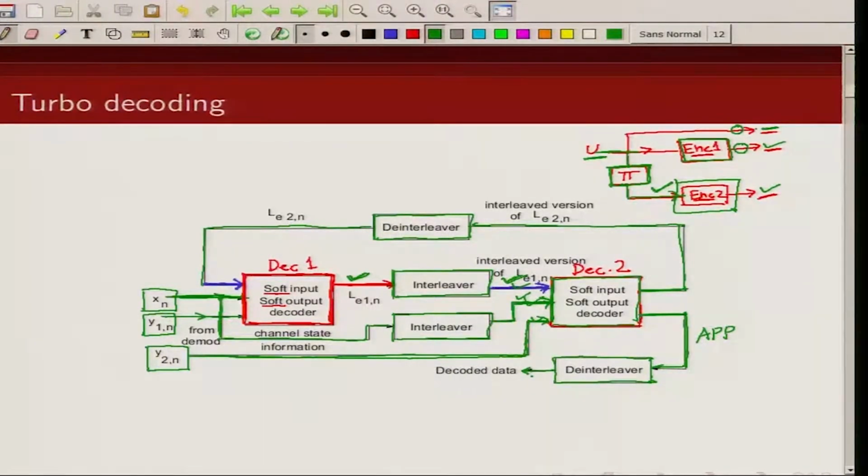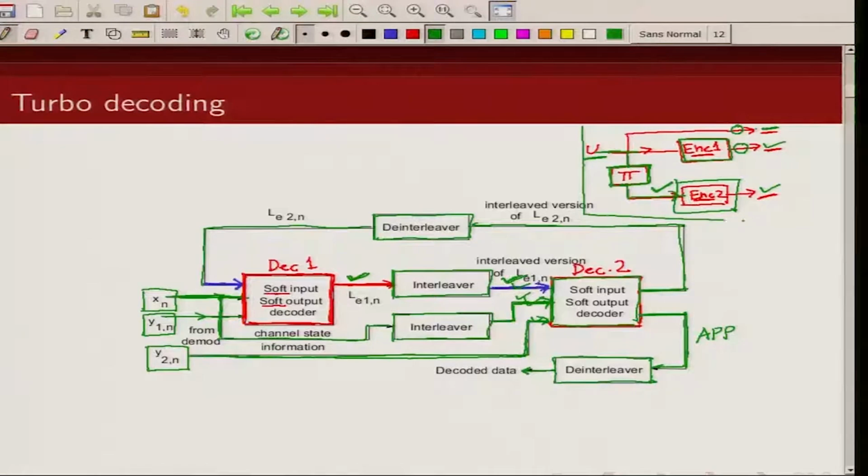So you can see this is an iterative decoding algorithm where instead of decoding this whole code in one go, we first decode encoder 1, and then encoder 1 passes some information to encoder 2. Encoder 2 receives some information from the channel and some information from encoder 1.